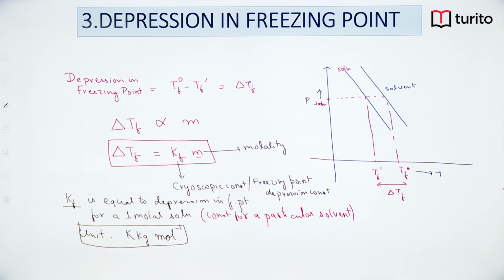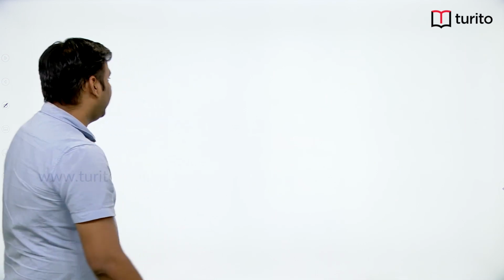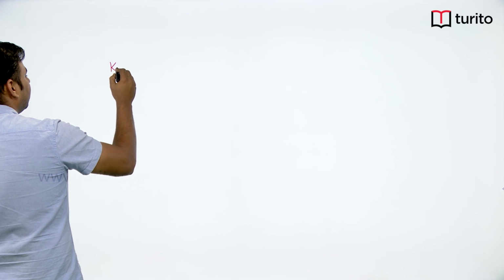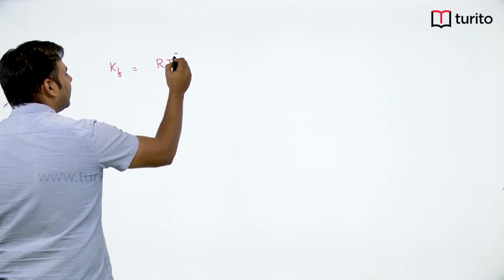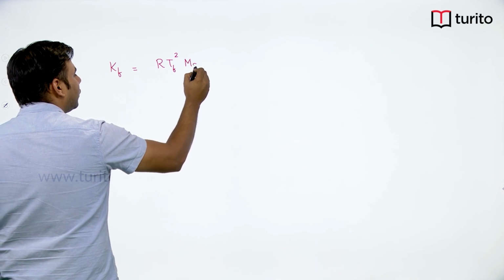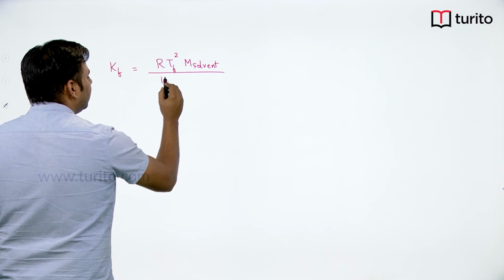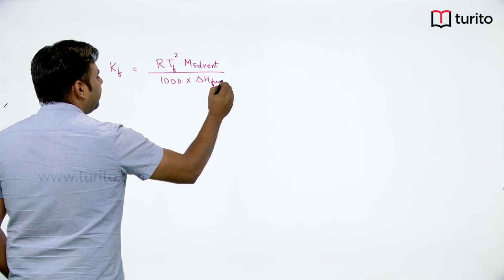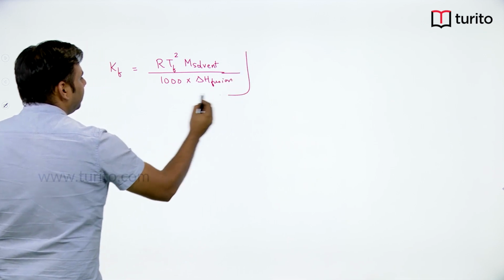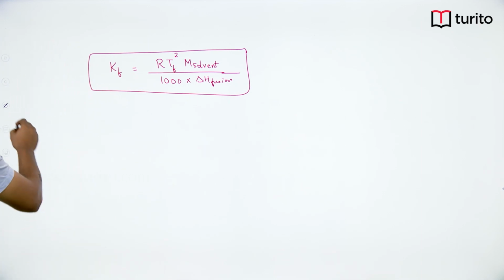Okay, so if you look at this, like the way we did in elevation in boiling point, Kf is basically R into Tf square into molar mass of solvent divided by 1000 into latent heat of fusion. So this is R Tf square. R is basically your gas constant.